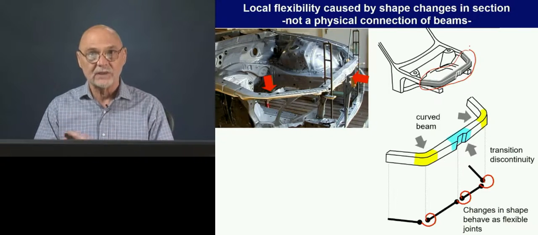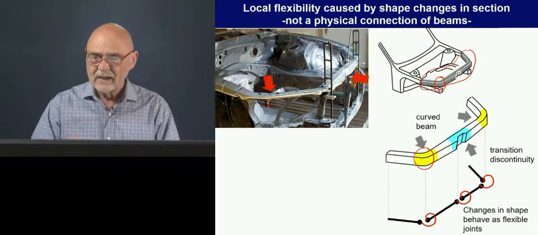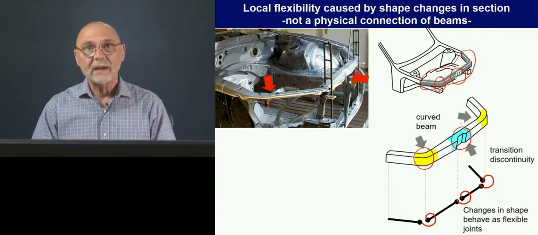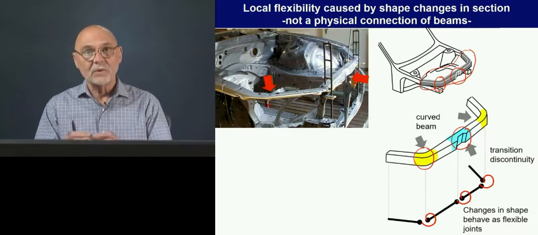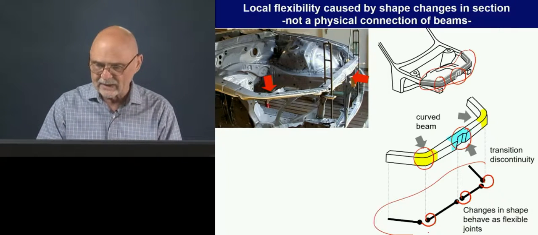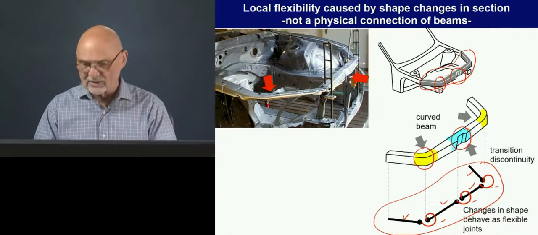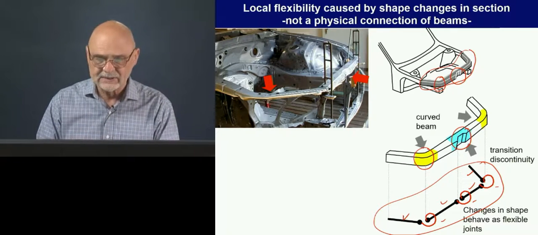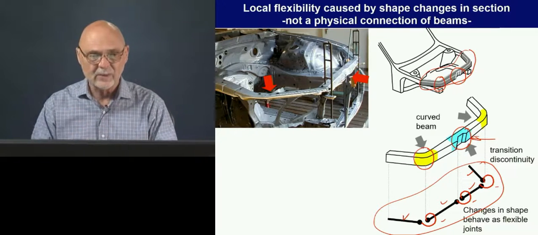There are no physical connections, joints, but because we have a curve here, because we have a large change in shape here, these effectively act like joints. And remember, all a joint means is we have a large amount of localized deformation occurring. So this would be a way to model this particular thing with a set of beams, and then those are connected by joints at the large discontinuities. Okay, so we're going to look a little closer at this. We're going to start by looking at this idea of the discontinuity and how do we handle that.